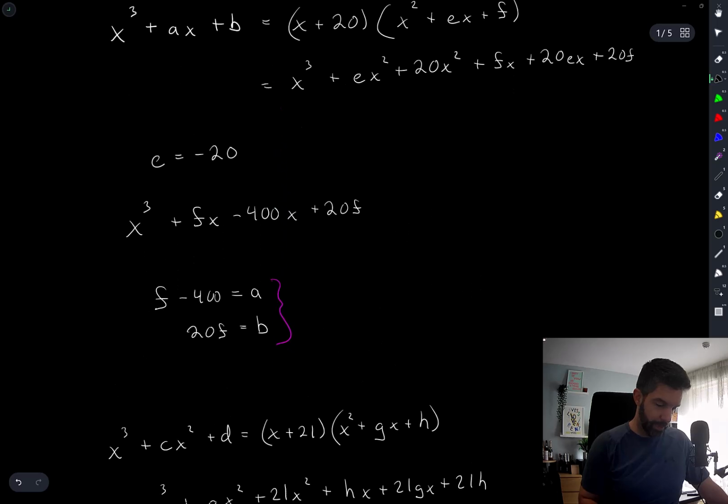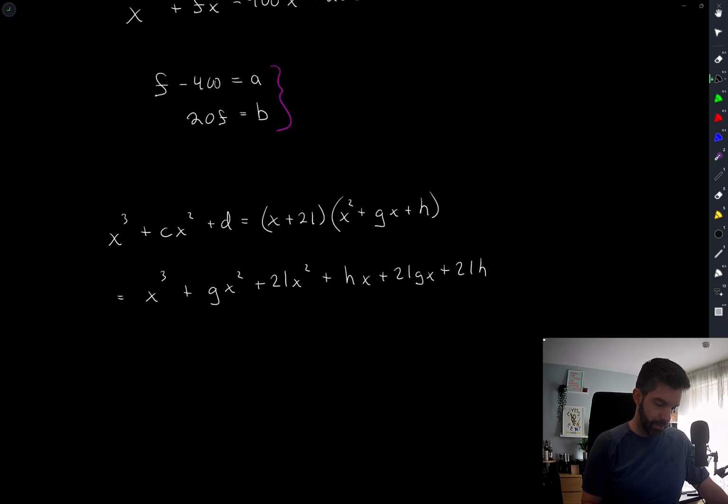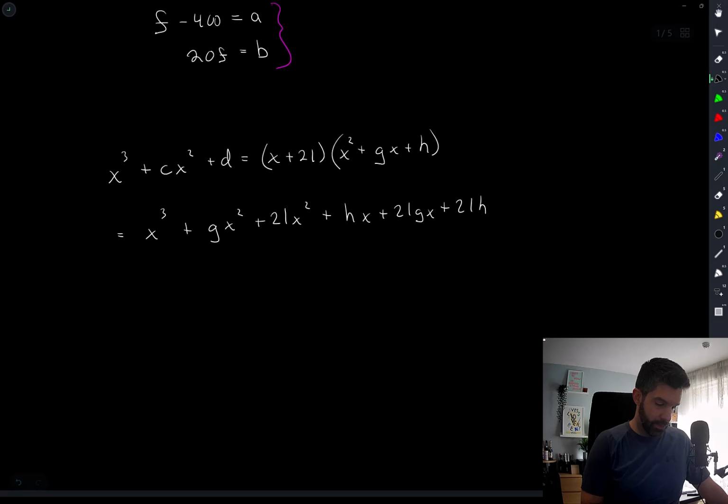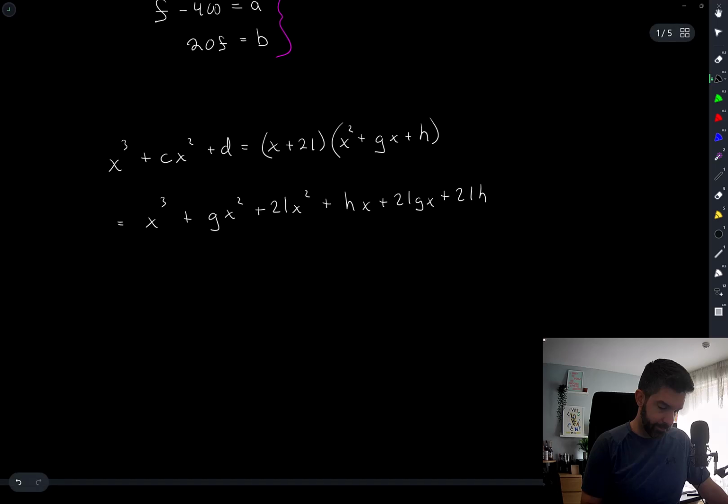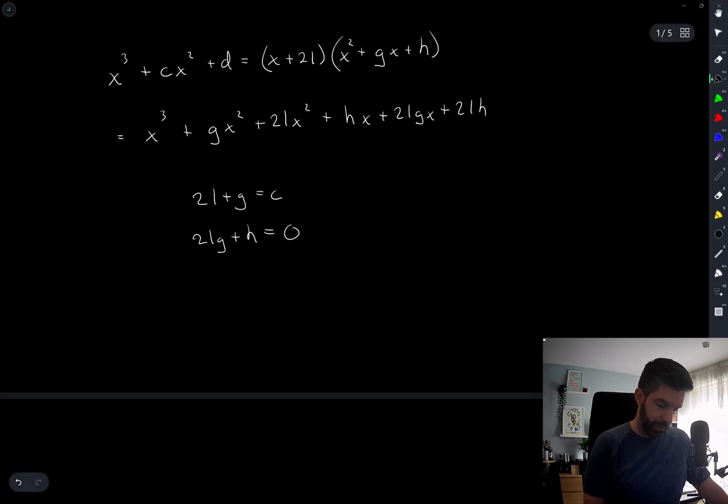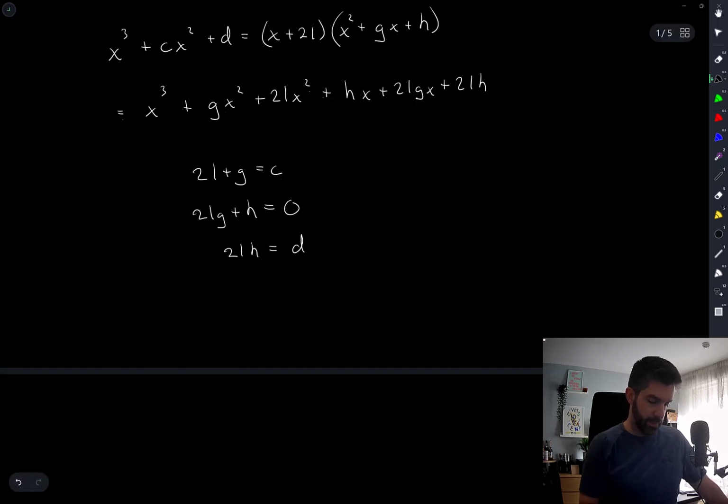Okay, and if I match coefficients again here, I have 21 plus g is equal to c. I have 21g plus h is equal to 0, and 21h is equal to d.